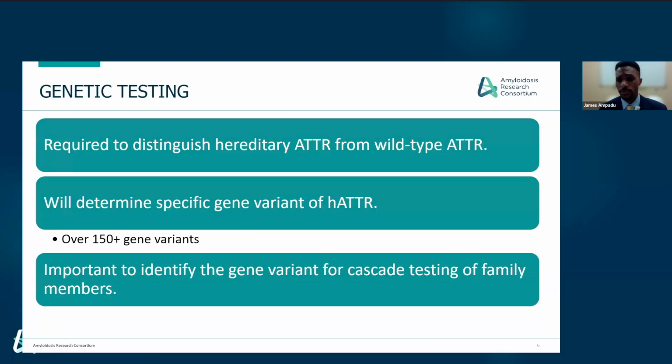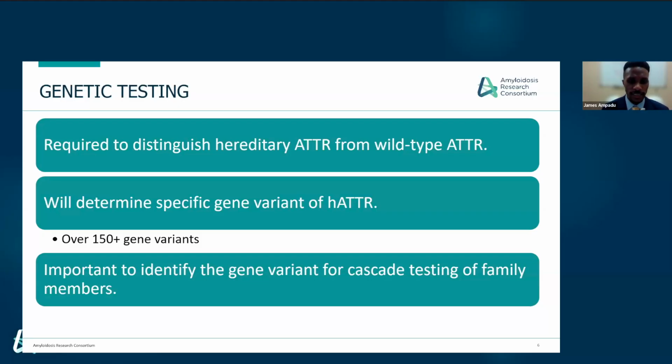So in order to determine if somebody has hereditary ATTR versus wild-type ATTR, it's very important to get genetic testing. That's how we are able to distinguish the inherited form from the acquired form. The acquired form usually happens as you age, usually between the 7th and 10th decade. But you can still commonly find and diagnose patients with hereditary around that same age group as well.